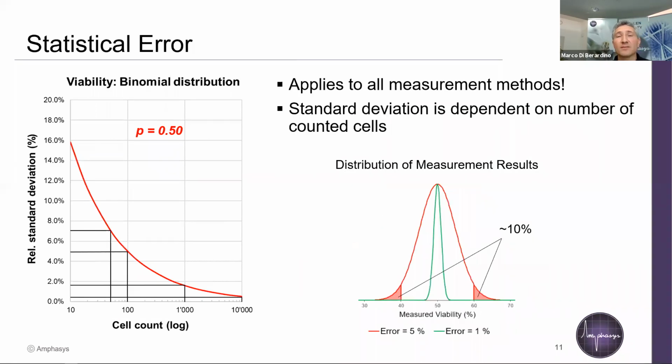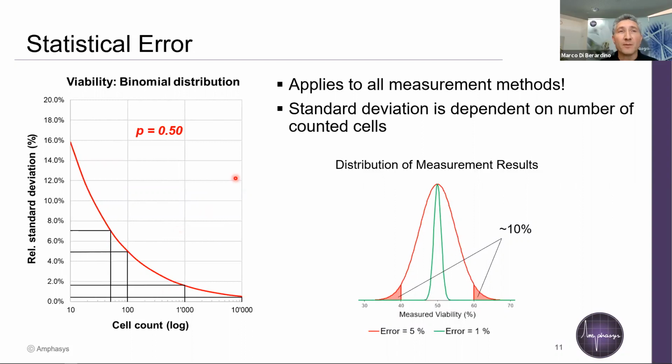One thing that one has to know is basically that the statistical error applies to any kind of measurement, and it mainly depends on the number of cells being counted. On the left graph here, you have the situation in which 50% of the population has viable cells.